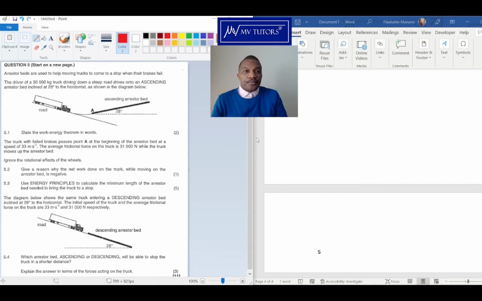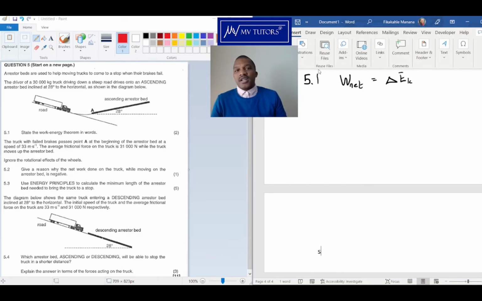Okay, we'll do just that. 5.1. Whenever they ask you this question, I'm sure you know by now, since you've studied, that there's a formula in your formula sheet that is like this: the net work is equal to the change in kinetic energy. So this is exactly what you have to describe in words.